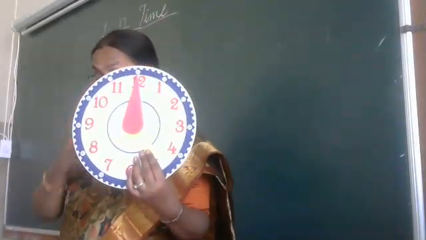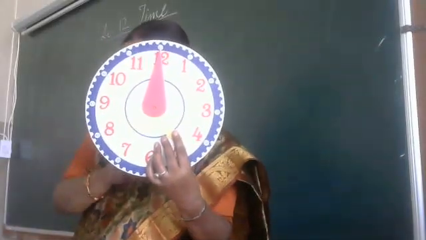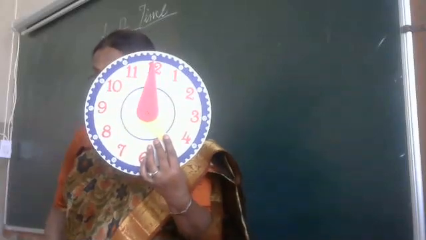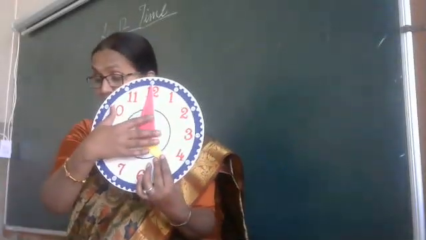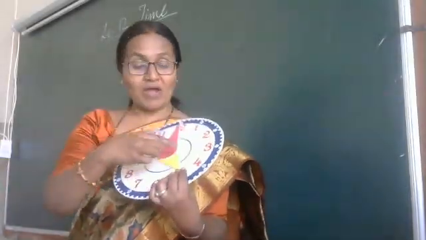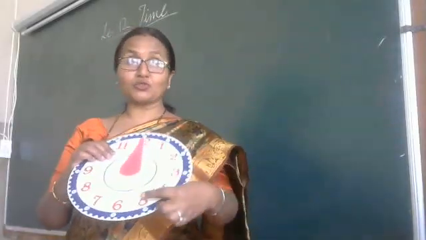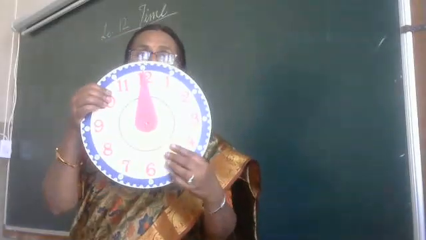So it completes 60 minutes. Then the hour hand takes 1 hour to move from one number to the next, from 4 to 5. Now it became 5 o'clock.